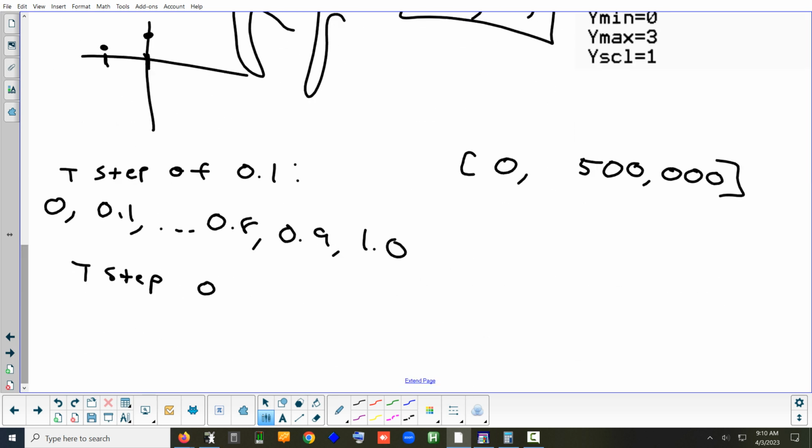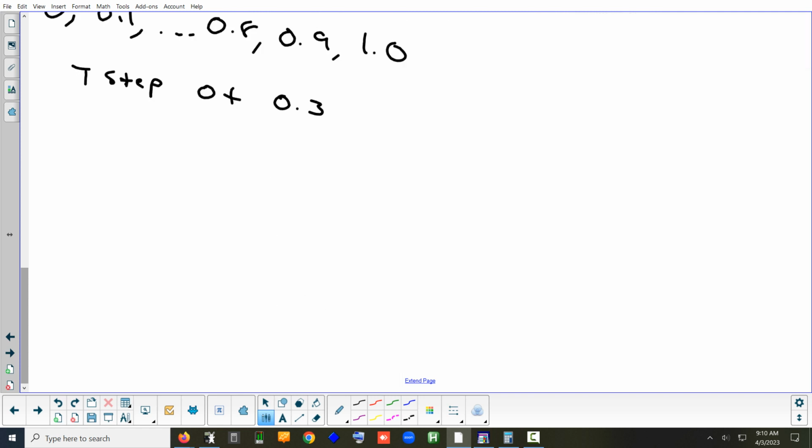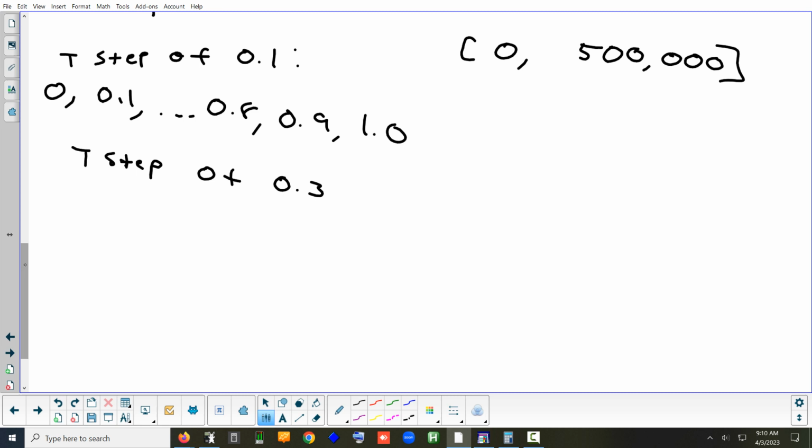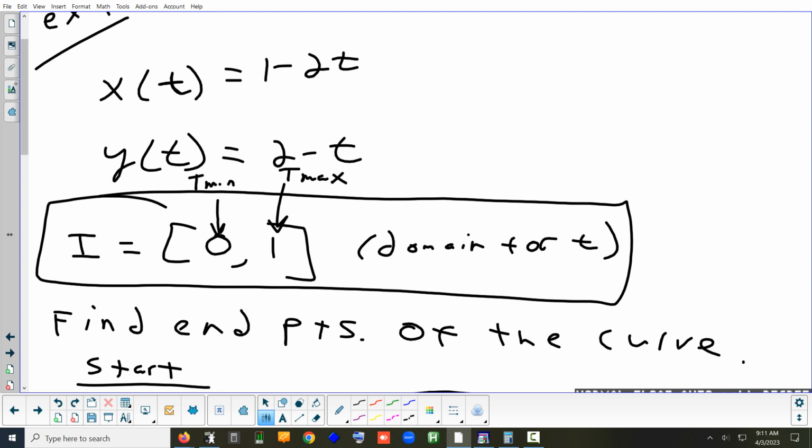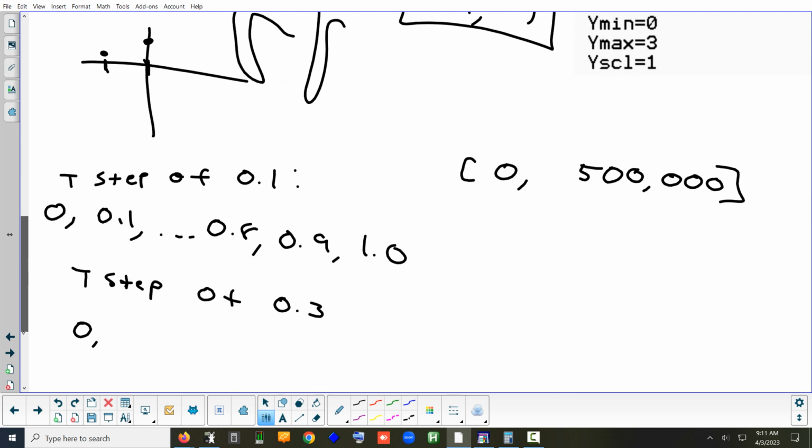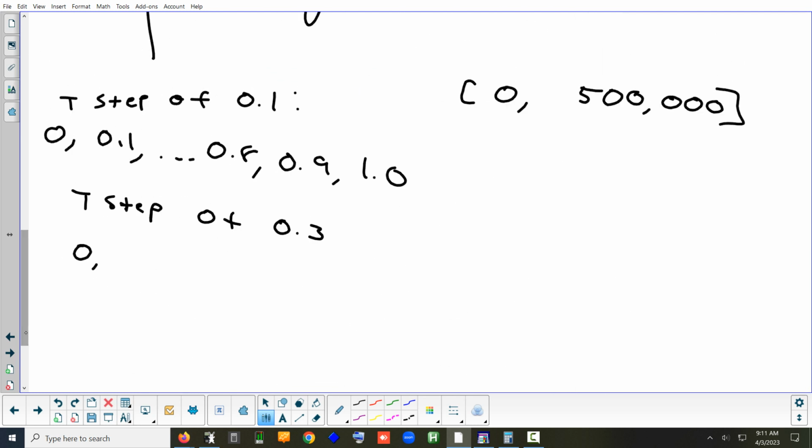Now, let's say we get a t-step of 0.3 in this problem. Here are the numbers the calculator would plug into the formulas to give you points. What's the first number that it would always plug in? Because this is the t-min in this problem. Yep, 0. What's the next value that it would plug in for t if it's going to step in increments of 0.3?